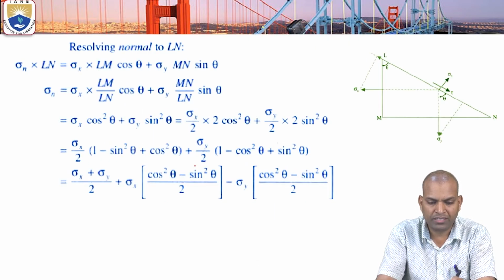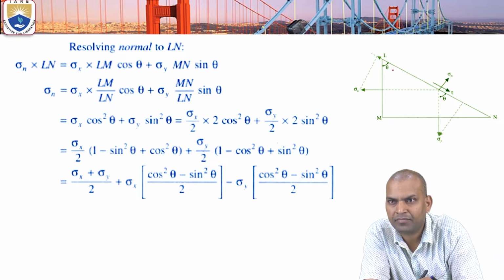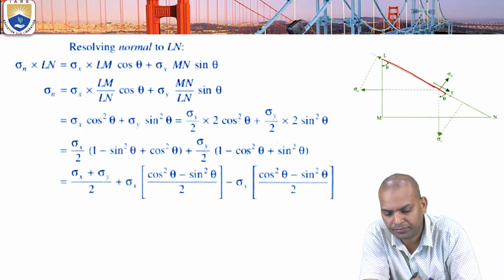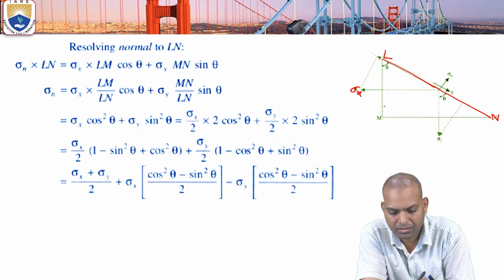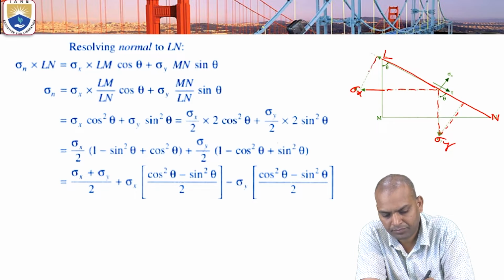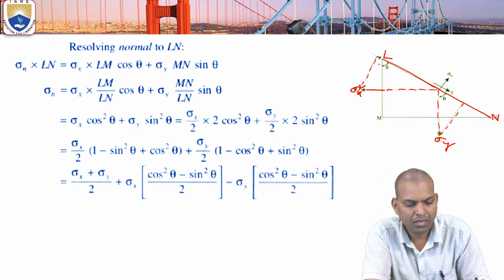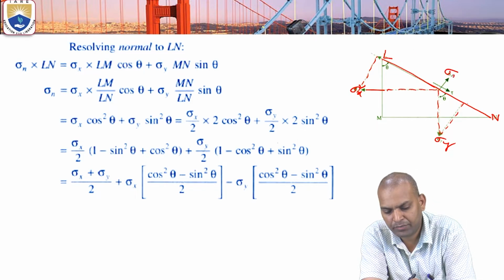Now how to resolve it? Resolving normal to the plane LN. This is the LN plane. This is sigma x and this is sigma y. Now sigma n into LN, sigma n, and it is the tau.